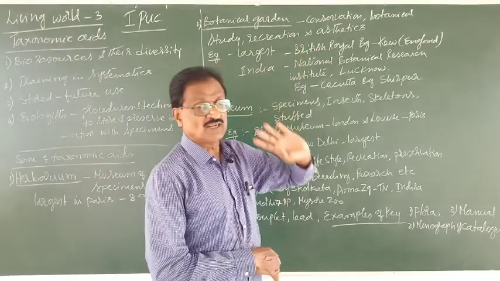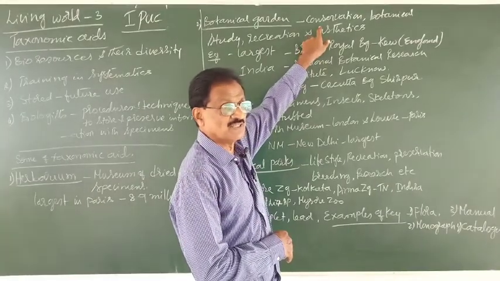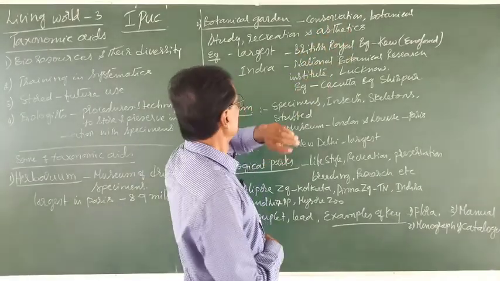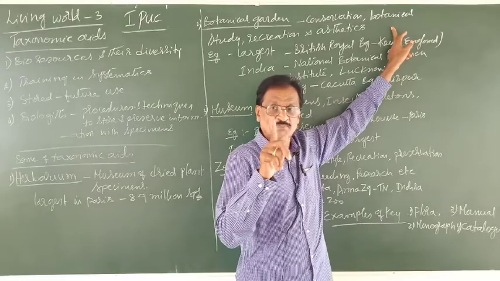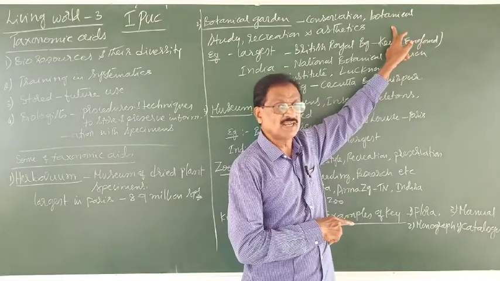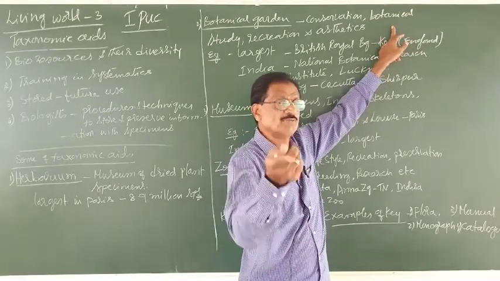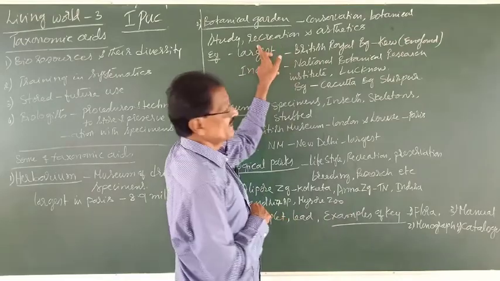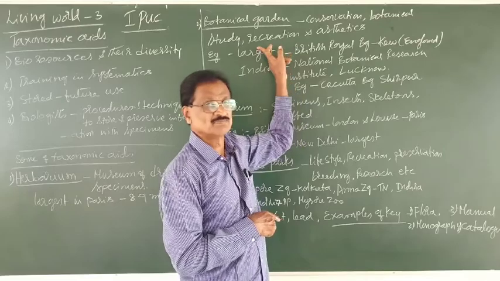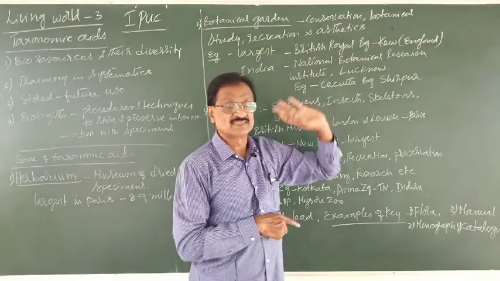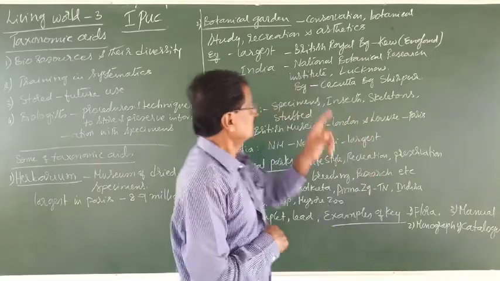The aim of the botanical garden is mainly the conservation of those rare species. Each and every plant in the botanical garden is labeled with its scientific name and the family to which it belongs. It also provides us recreation along with study, and then aesthetics. That means it gives beauty to nature. So that is aesthetic value.